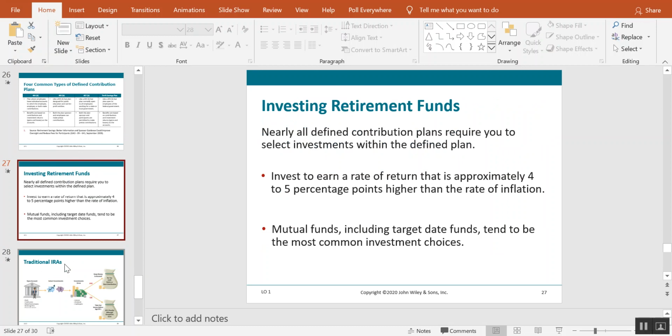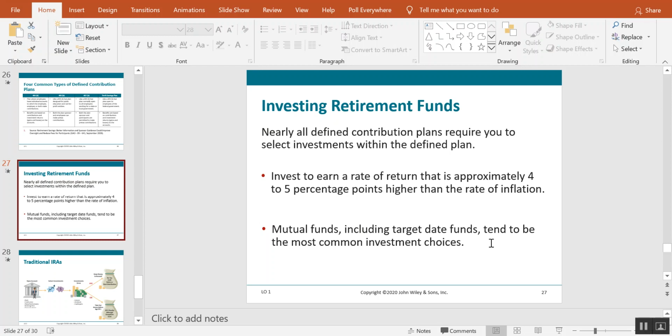Okay, when you're talking about investing retirement funds, you want to invest so that your return on an investment is about 4 to 5 percentage points higher than the rate of inflation. One of the ways of doing that is through a mutual fund that has a target date on it, basically targeted toward a specific date of retirement. So let's say it's a target date of 2030.